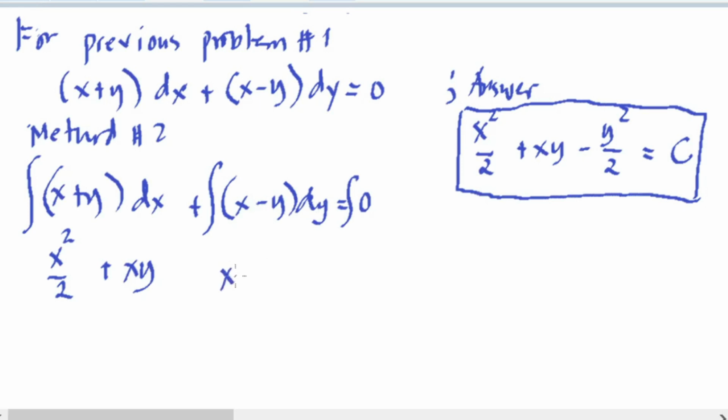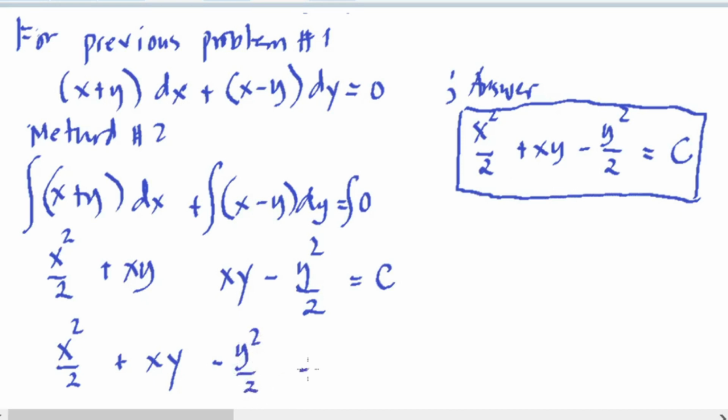So we also have xy and then minus y dy, y squared over 2, and that is equal to, what's the integral of 0? We have a constant. Now, which term is the same? This one, right? So therefore we have x squared over 2 plus, we only have xy minus y squared over 2, and that is equal to c.